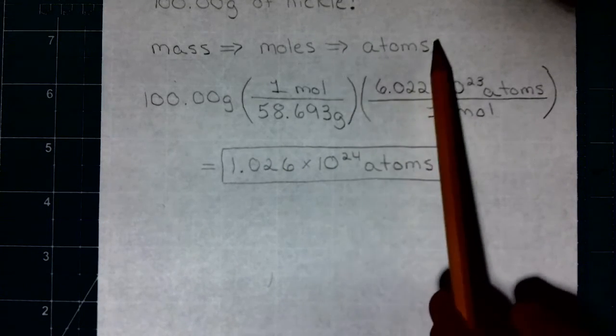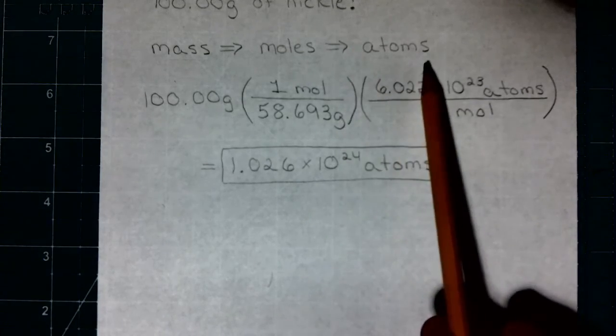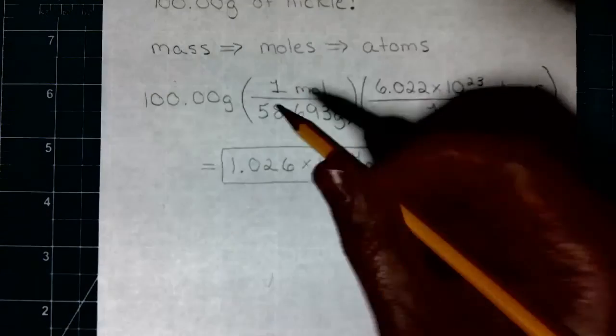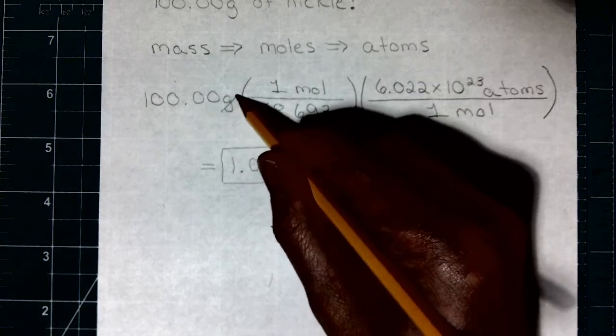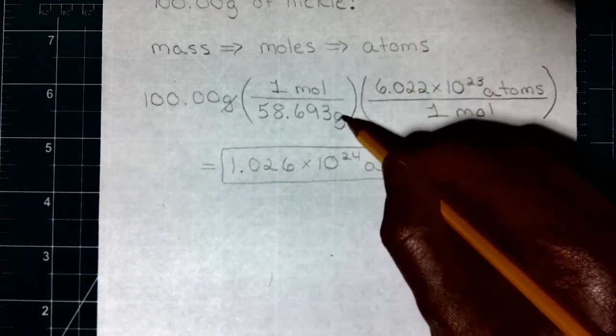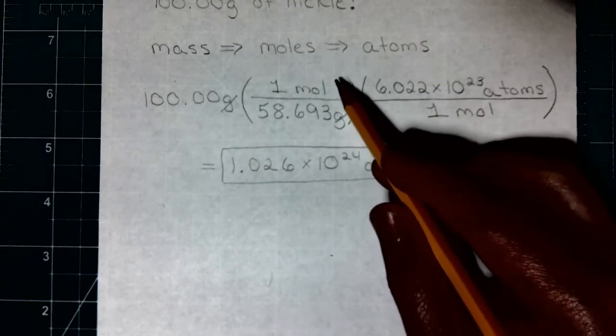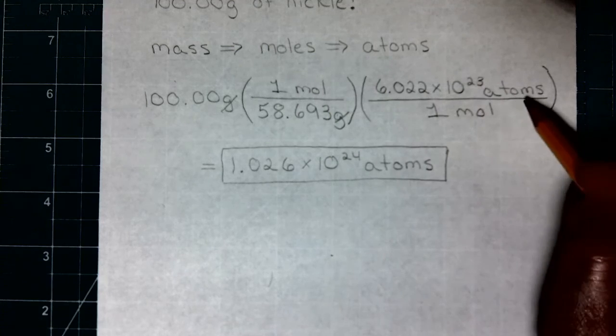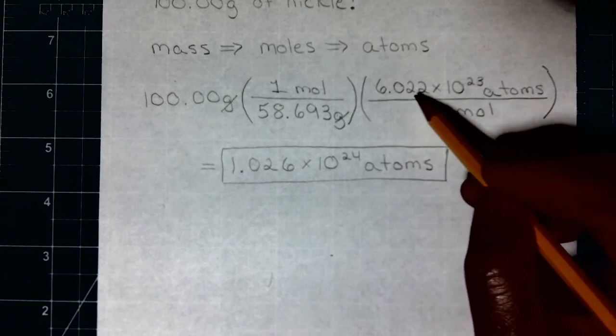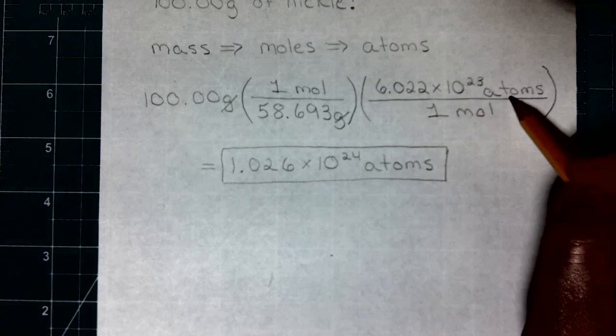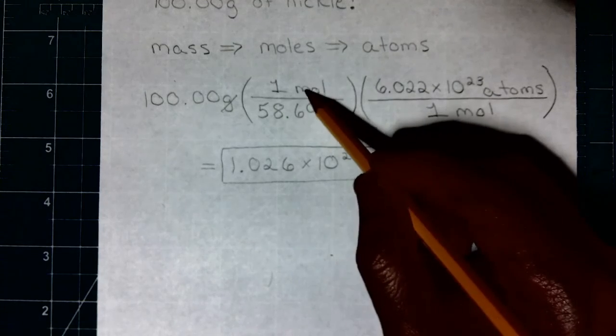And then we need to go over to the number of atoms. We've canceled our units of mass here, grams and grams. So we need to go from moles to atoms. And we know that there's 6.022 times 10 to the 23rd atoms for every 1 mole.